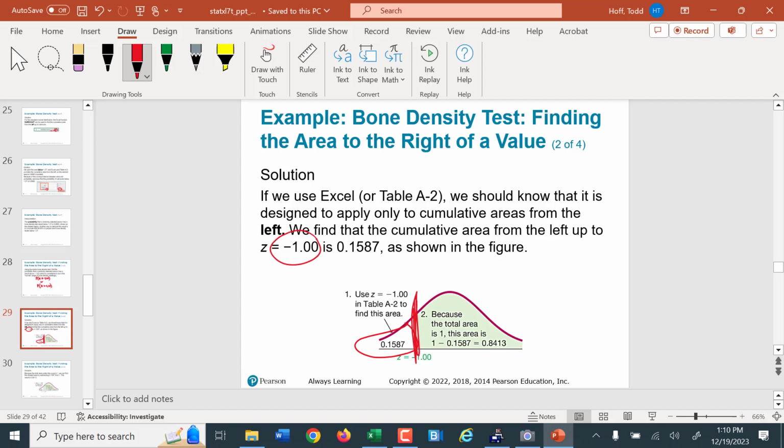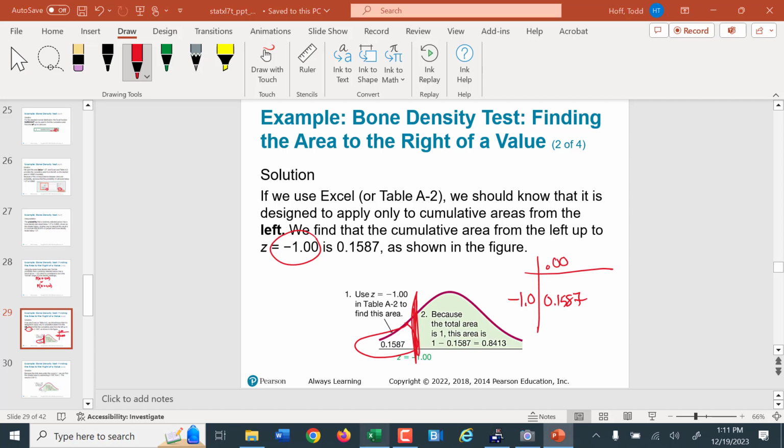So we would look up page 778, the left-hand side. We'd look up -1.0 here, and then 0.00 on top of the page as well. And as we go down there, we find that that corresponds to 0.1587.